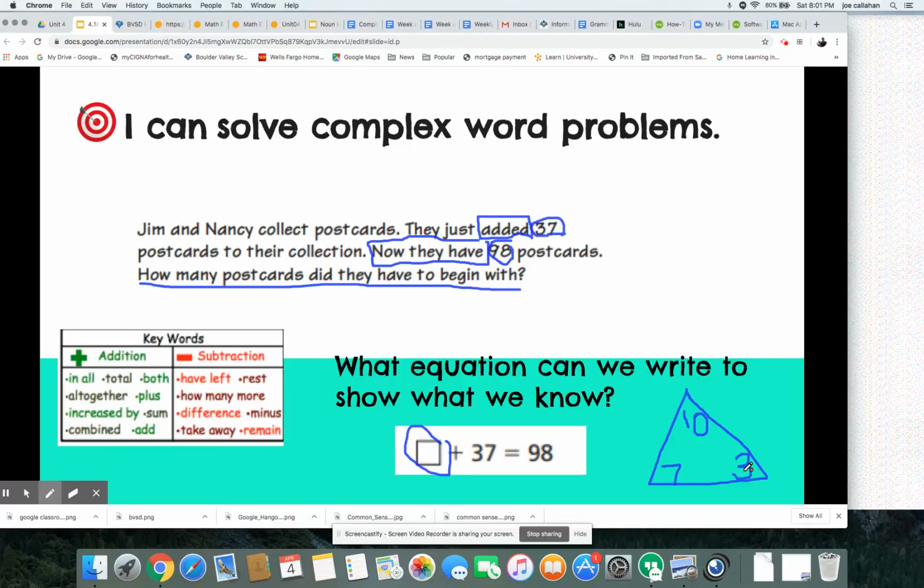we know if 7 plus 3 is 10, then we also know 10 minus 3 is 7, or 10 minus 7 is 3. This is a fact family, and using what we know about addition and subtraction fact families will help us turn this into an equation that we can work with.